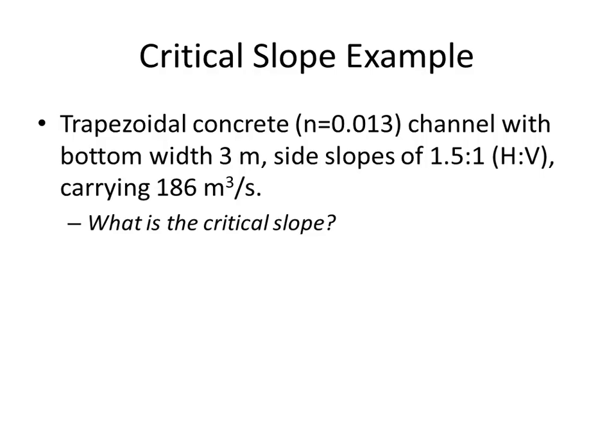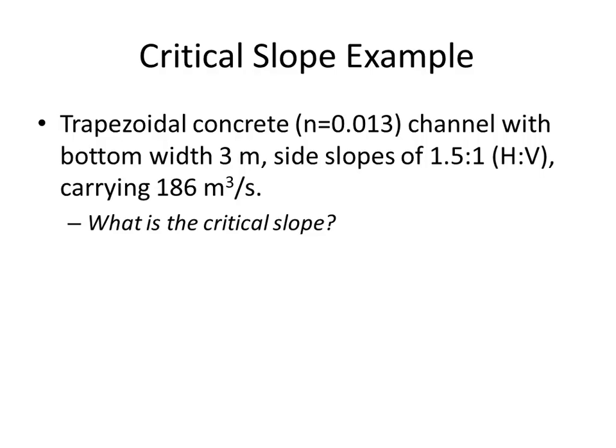Hydraulic radius is the area divided by the wetted perimeter. And so that's 37.837 square meters divided by 17.858 meters. So the hydraulic radius is 2.119 meters.